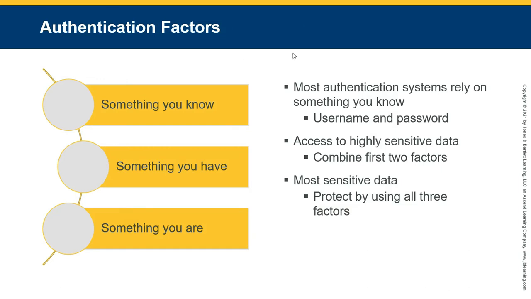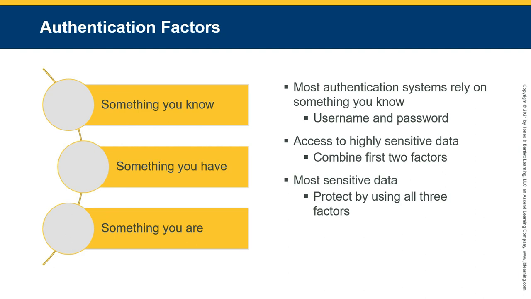Authentication factors: something you know, something you have, or something you are. Most authentication systems start with at least a username and password. Now we're looking at working from home, a lot of people, I know my son uses this. He has two-factor authentication. First his login and password.